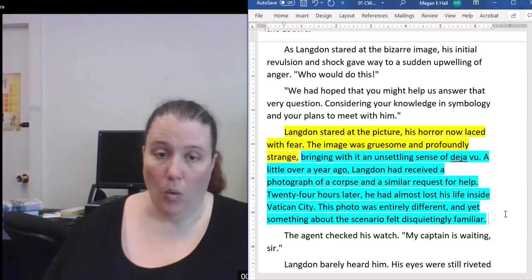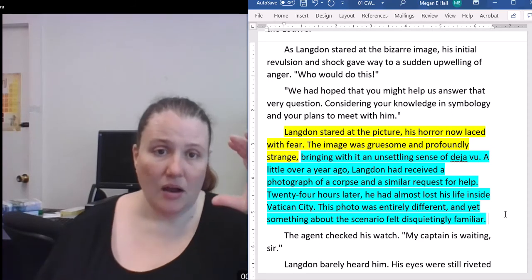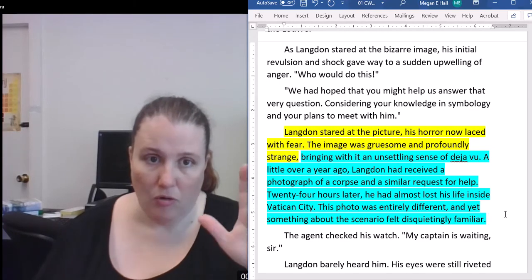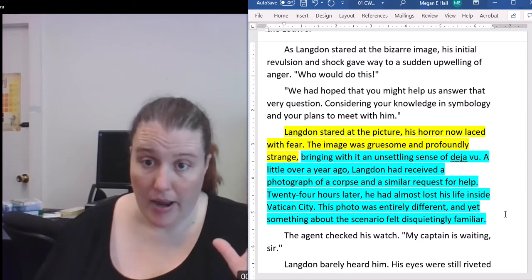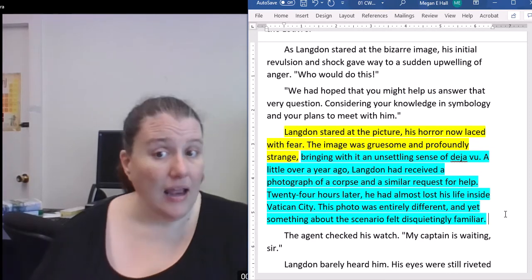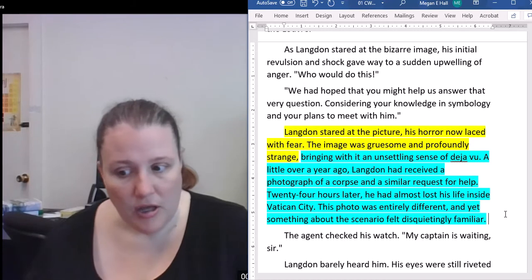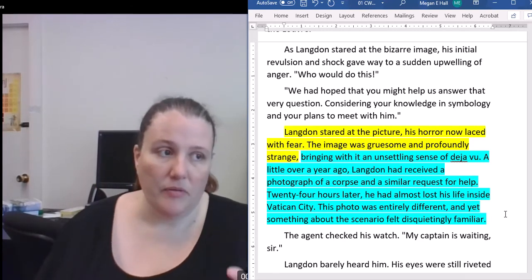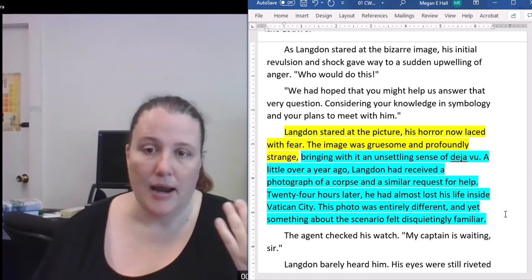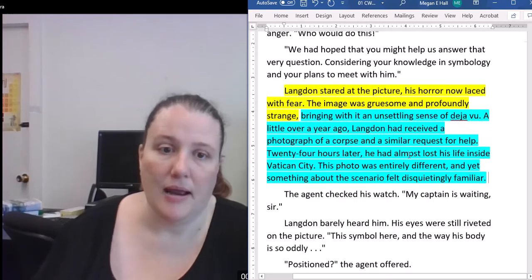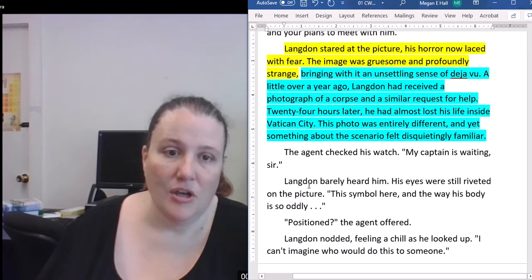And so he slows down in this long paragraph to really push the point of how grotesque this body is and the guy looking at this picture, right? And then he gives you the background information that you might need to know to set up a little bit of where the character is now, where he's been, and how he's being drawn into this story. Then we speed back up again. Sentence, 3 sentences, 1 sentence, 1 sentence.